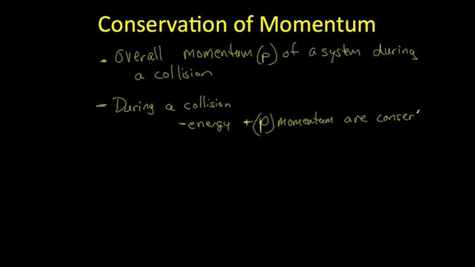Conserved means that it doesn't disappear. It may change forms. Like if you had a collision, some energy is released in the form of heat, some in the form of sound, and momentum can be transferred to the other object in the collision.